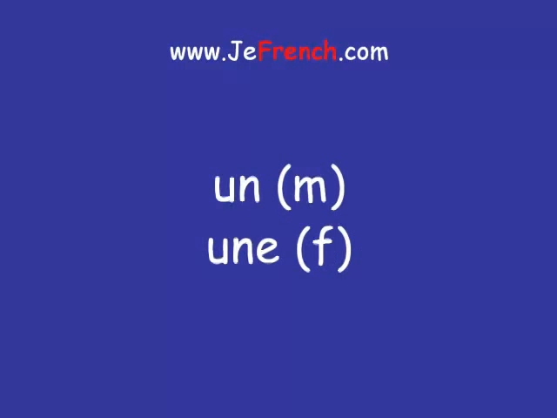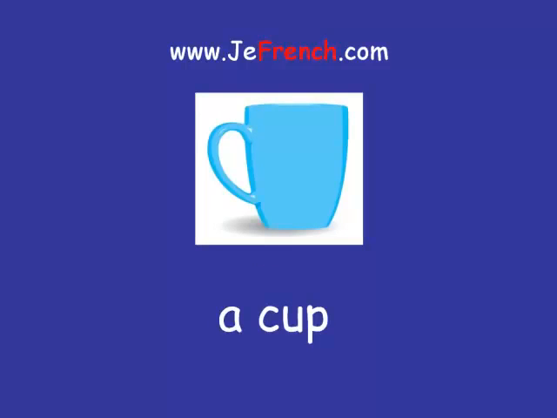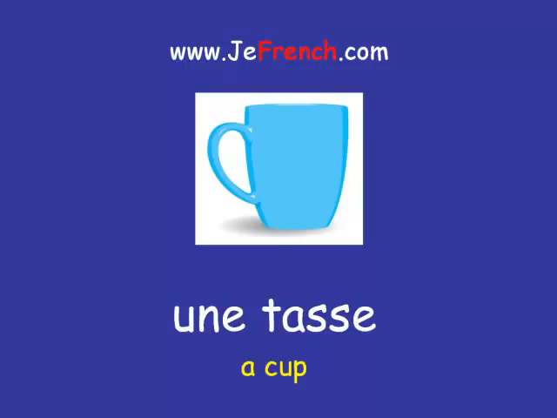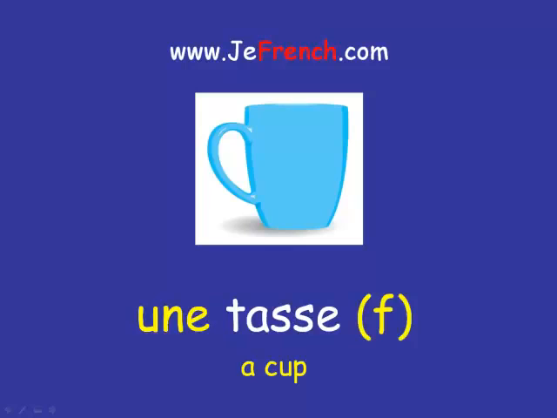Un if it's masculine, une if it's a feminine noun. So a cup, for example, we say une tasse. By looking at the article une, you're able to tell that it's a feminine noun. Tasse is feminine. And that's the way you learn it.